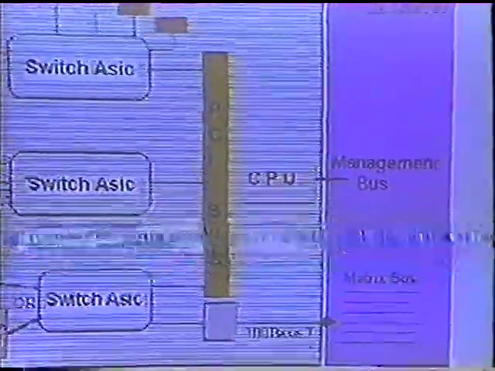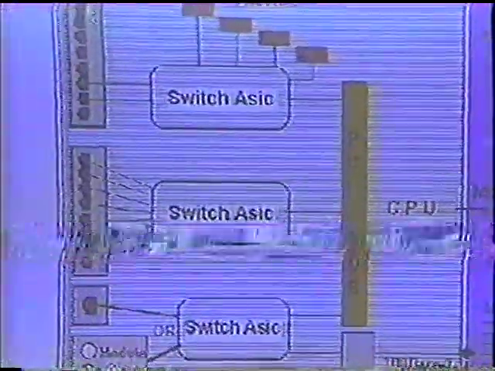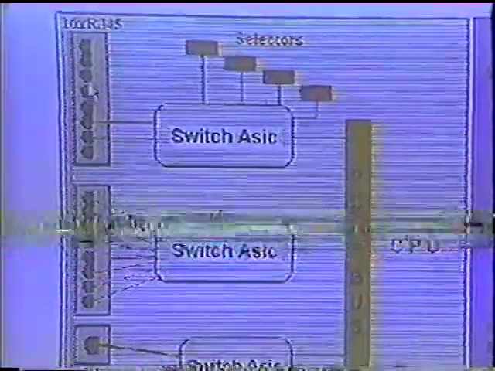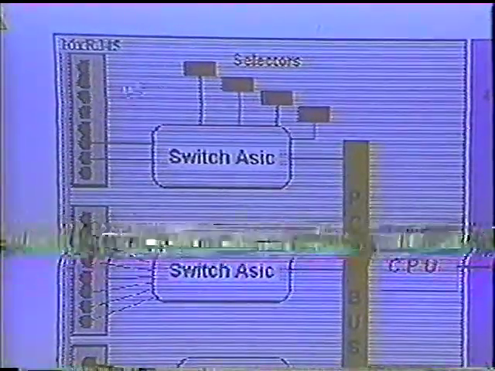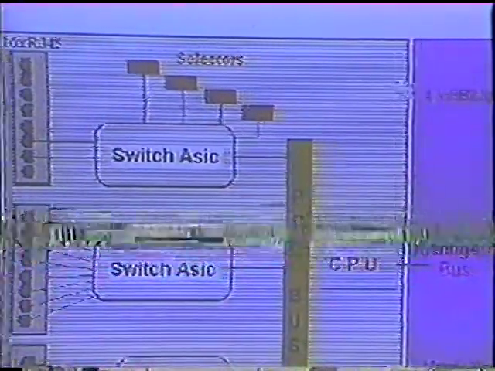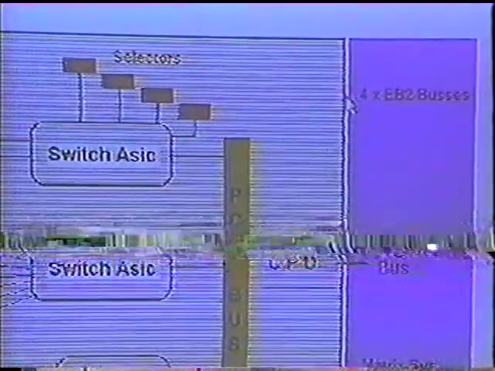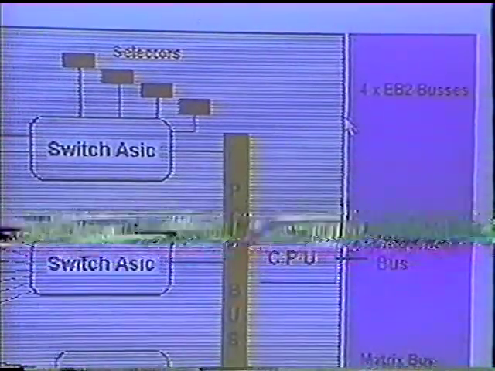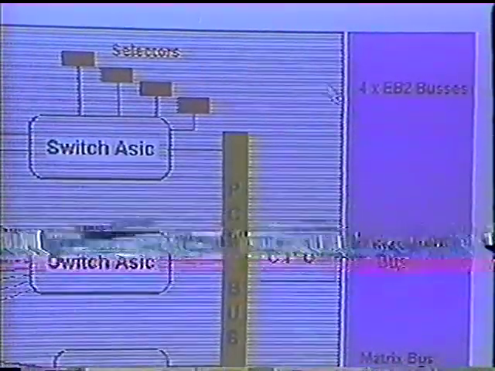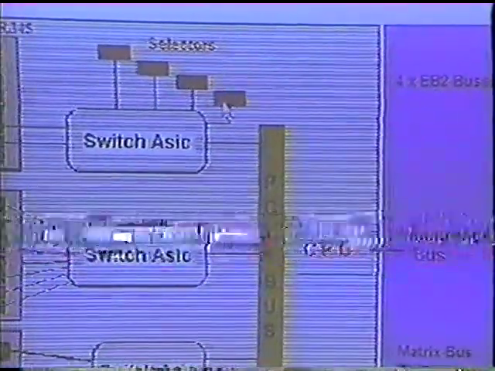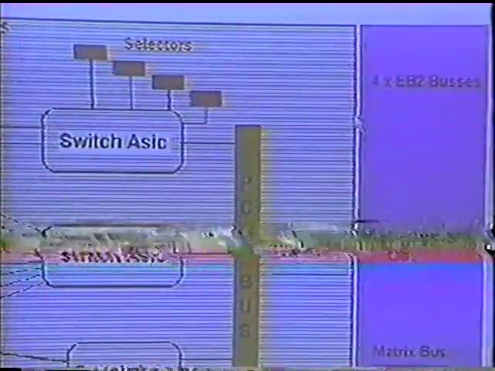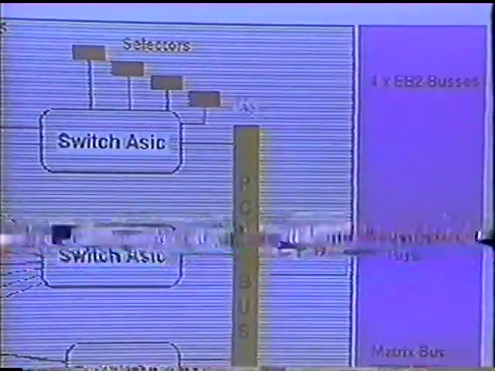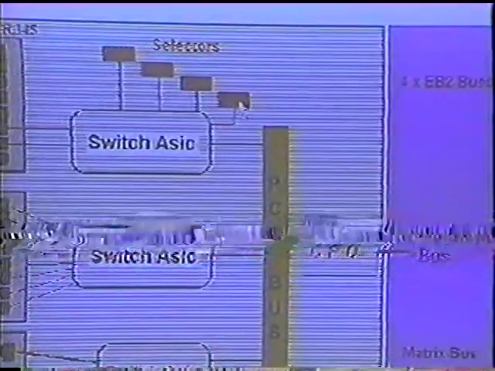Also, there is an option to connect up to 4 of the 10 base ports into the special Ethernet buses. You remember that I talked before that we have 8 10 base Ethernet buses. So you can connect here up to 4 ports, and thus connect the 10 base repeater cards to the switching machine.